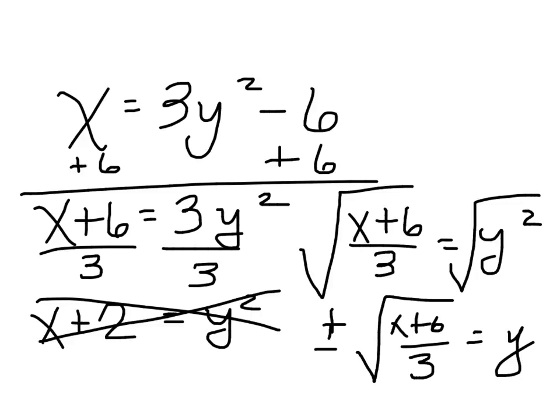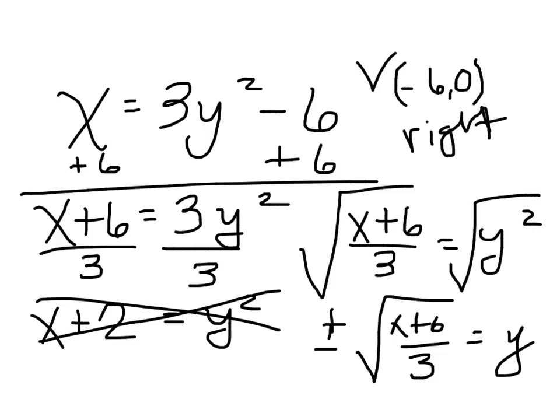It looks like a sideways parabola. Which way is that open? To the right. What's the vertex? I'll give you a hint. It's negative 6. Okay? And again, all I would do on the graphing calculator, you guys, is physically count over how far it went.